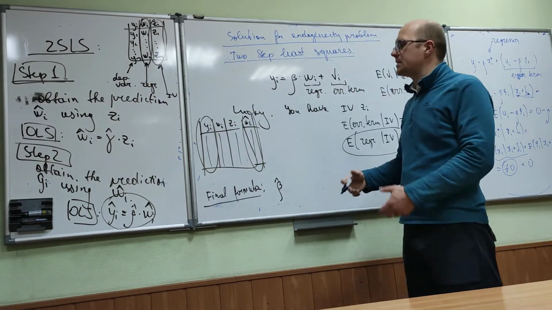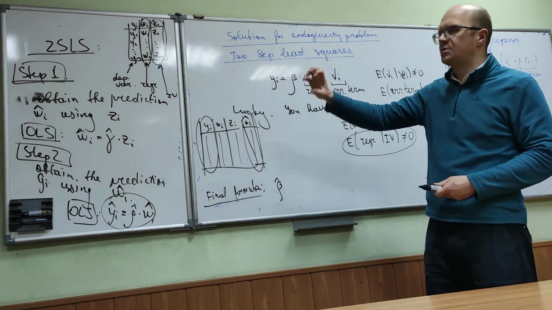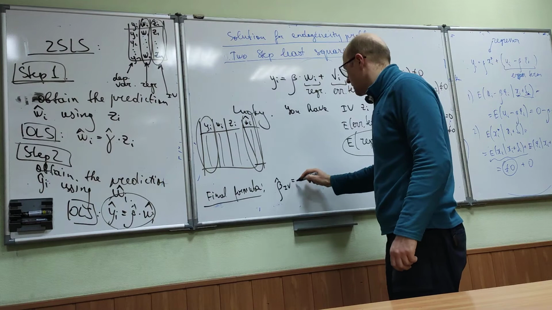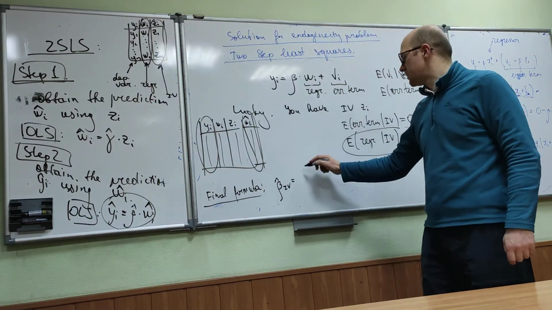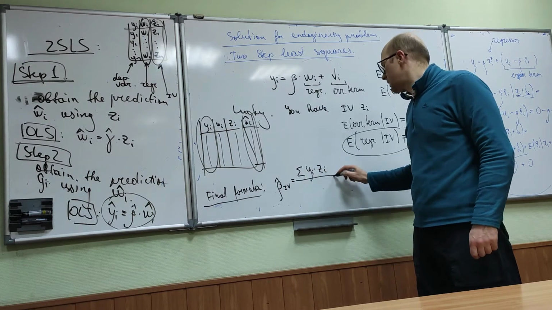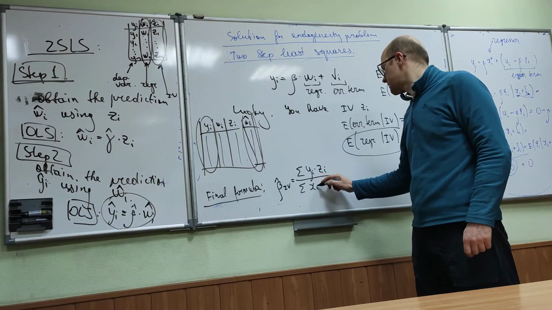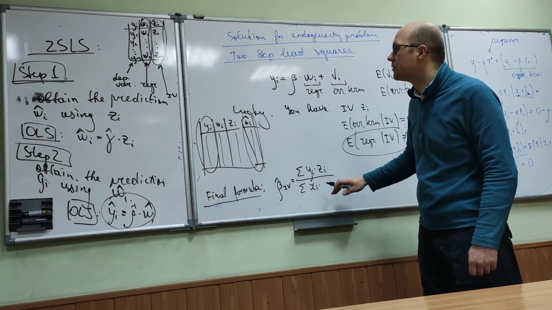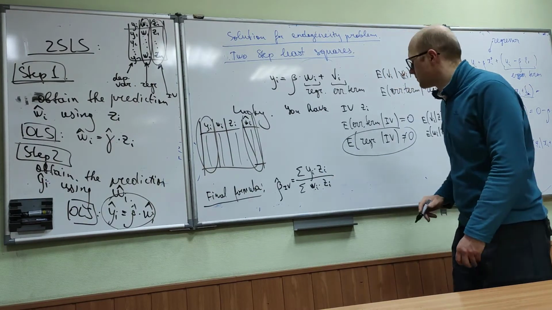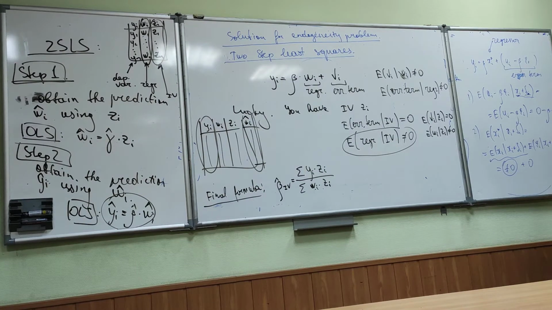It will not be the old one, because you do two steps. The final formula, beta hat instrumental variables, is the sum of y times z divided by the sum of w times z.